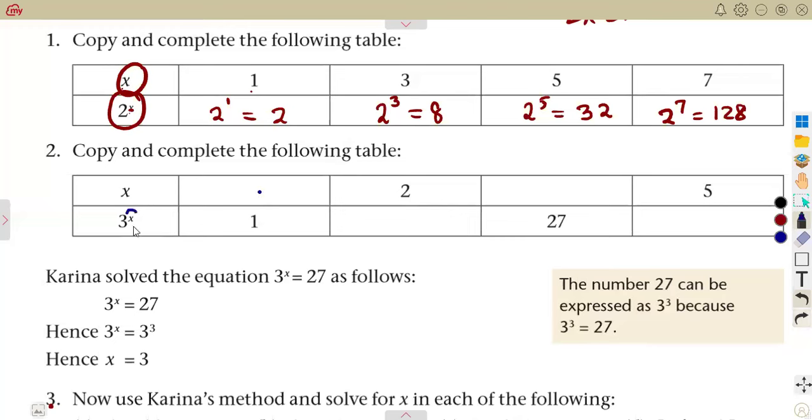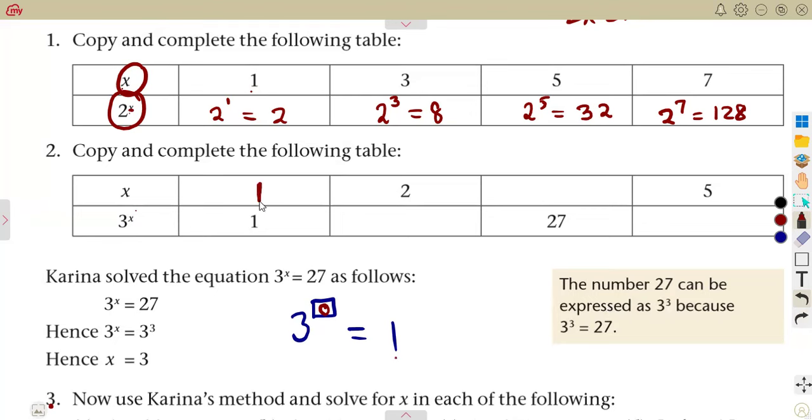Remember, x represents what? The power. So it's 3 to the exponent of what? 3 to the power of what? Because x represents the power. But that must give us what? A 1. Which exponent are we supposed to put here so that we obtain a 1? Remember, from our exponents, any number raised to the exponent of 0 is a 1.